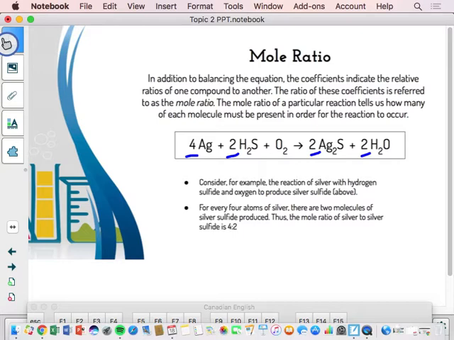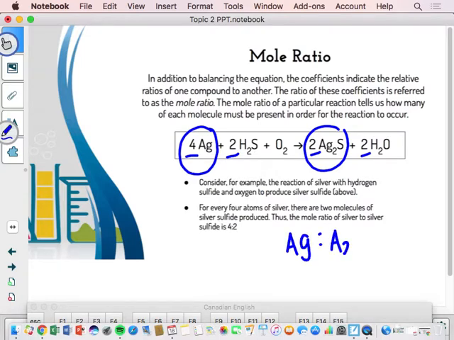If we're looking at a ratio, really what they mean here is we could ask, how many silvers are there to silver sulfides? So if you were going to do a ratio, you would say there are how many Ag to Ag2S?